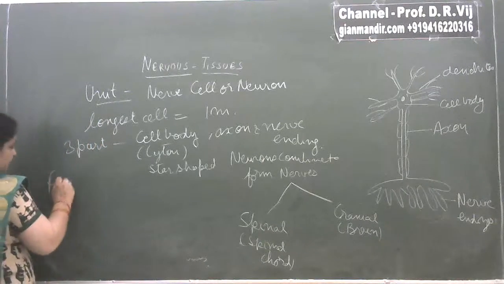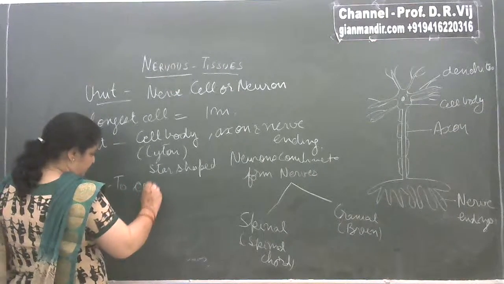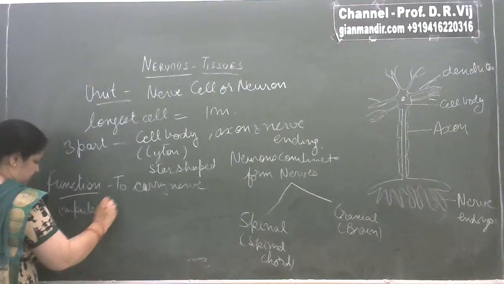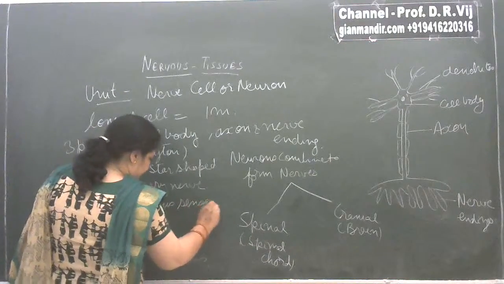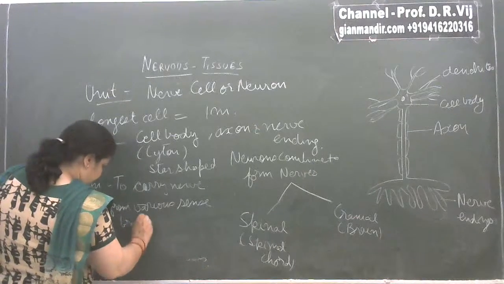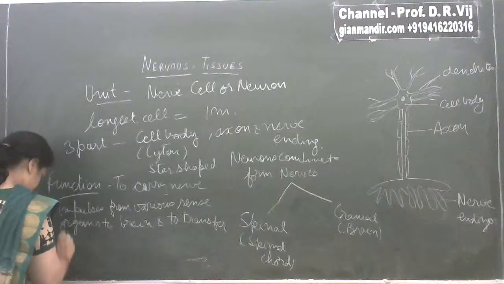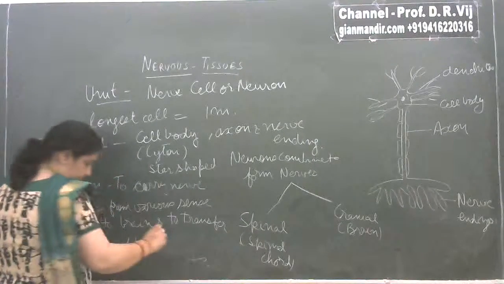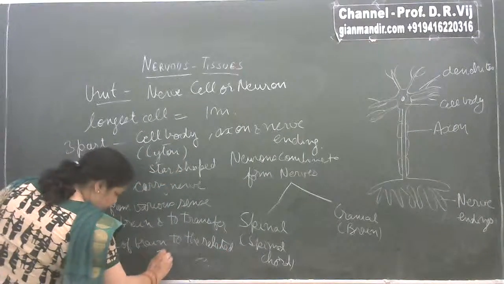If you look at the functions of these nerve cells, their function is to carry nerve impulses from various sense organs to the brain and to transfer the message of the brain to the related motor organ.